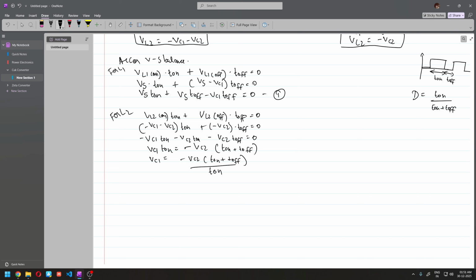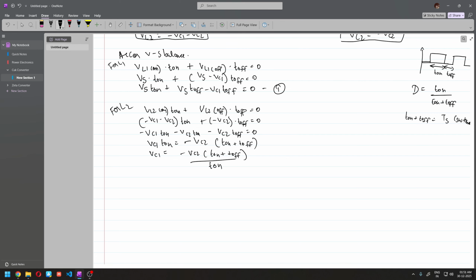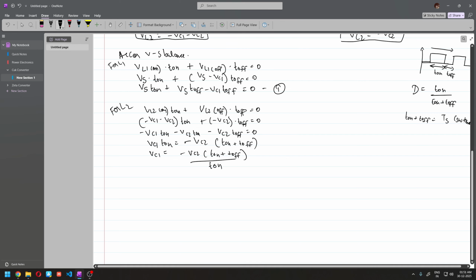Now we can simplify this further. We know, as I wrote, D is T on by T on plus T off, and T on plus T off is basically what you can call Ts, which is your switching time, the total time, because this is one cycle. So you can call this Ts.